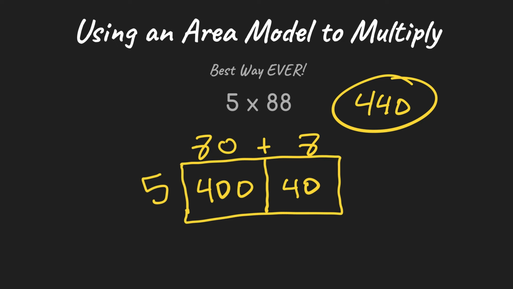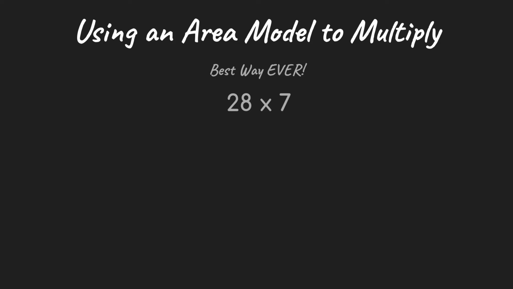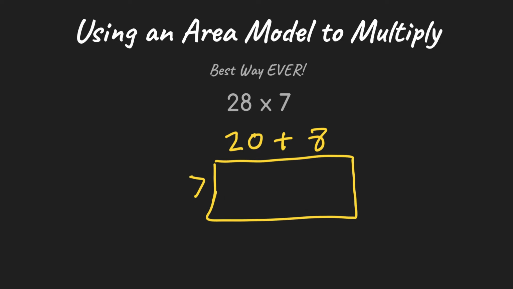Still pretty quick. All right, 28 times 7. I'm going to do 20 plus 8. And on the side, I'm going to put a 7. I'm going to draw my box. Anytime there's a plus sign, I'm going to put a line. Then I'm going to start multiplying. 7 times 2 is 14, so that means 7 times 20 is 140. 7 times 8, oh, I used to be really bad at this one.